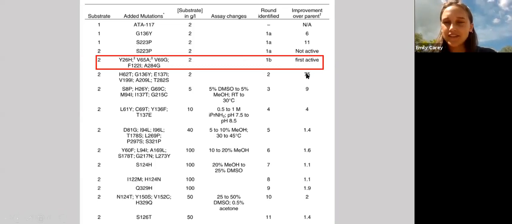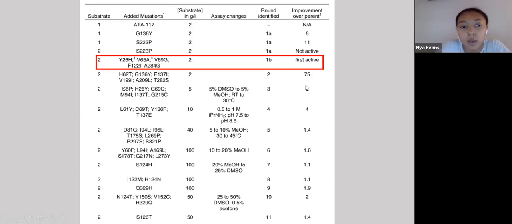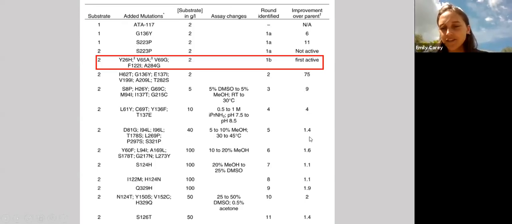So this round improved 75 fold from the previous line, and this improved 9 fold from this round. That's what those are. Yeah, so it was really impressive here, and then there were positive improvements, but in lower acceleration rates. Is that a good way of saying it, Scott?